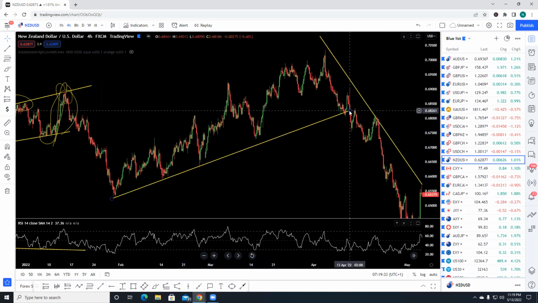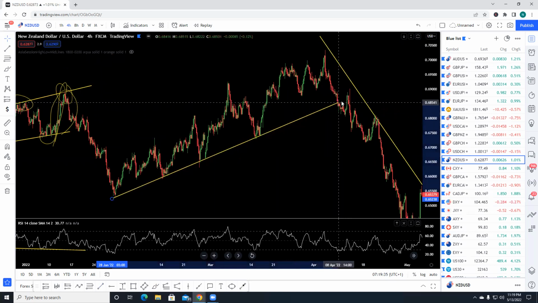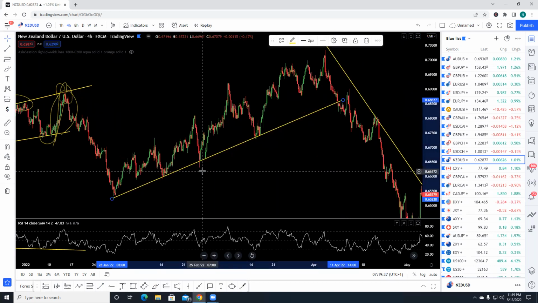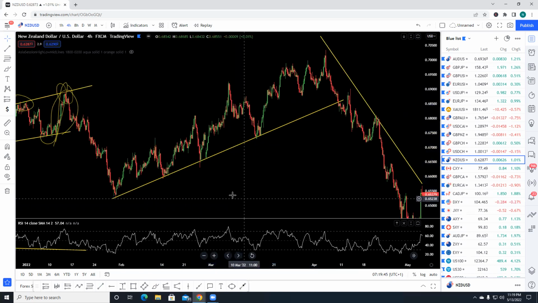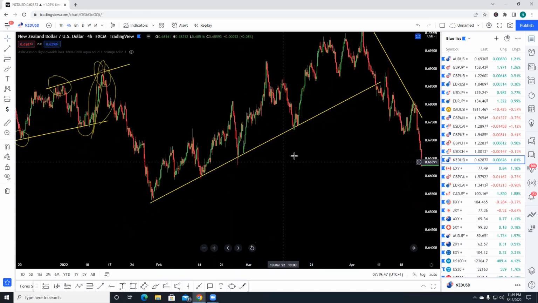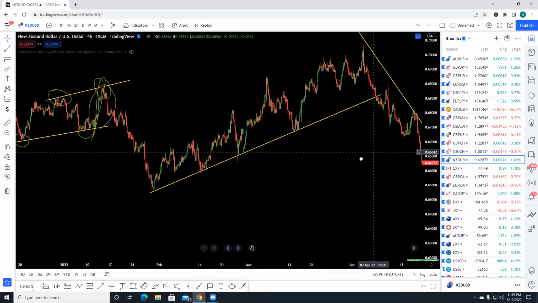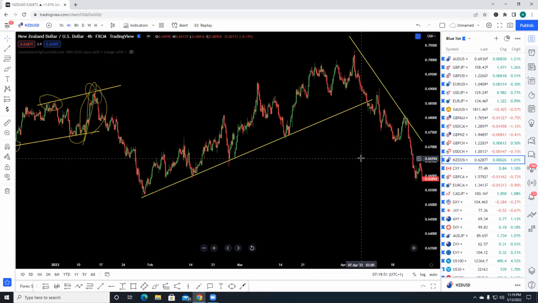Some people will tell you they will draw it on the body like this and call these wicks out. Different traders will draw it different ways on the same structure, on the same pattern. That is why I always say that trendline is subjective in nature. There is no objectivity in it.